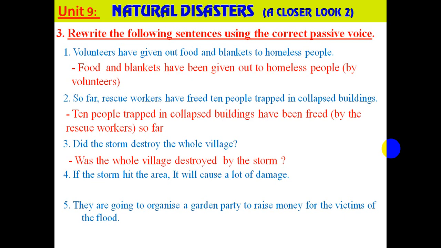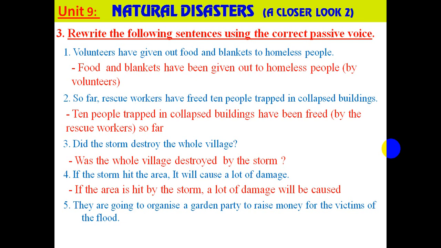Okay, number 4. If the storm hits the area, it will cause a lot of damage. We have 2 clauses, the if clause and the main clause. It's a conditional type 1. So in the if clause, where is the object? Okay, the area. If the area is hit. Past participle of hit is hit.